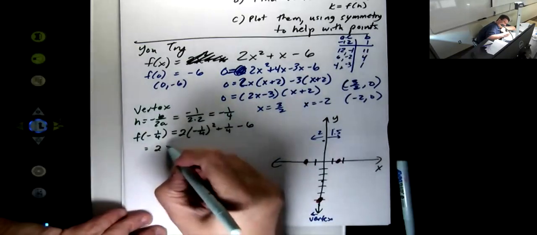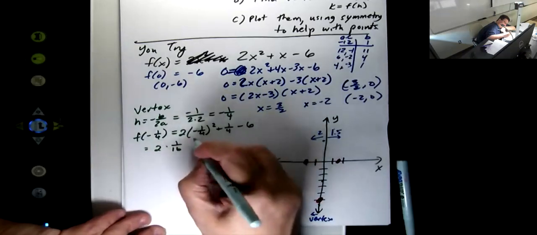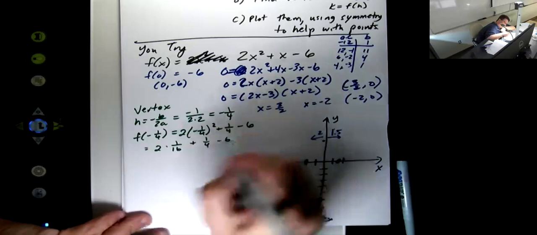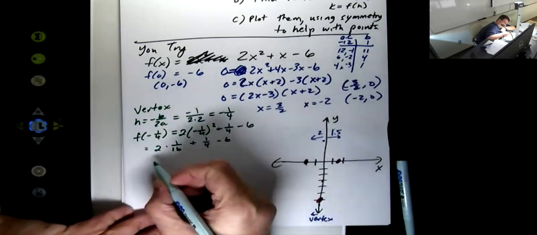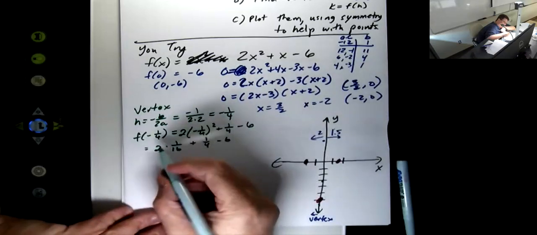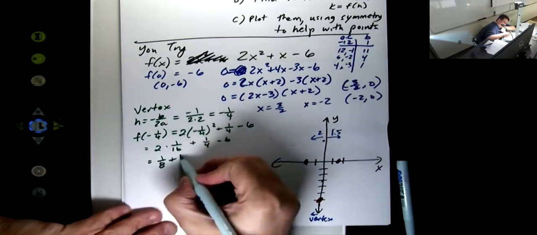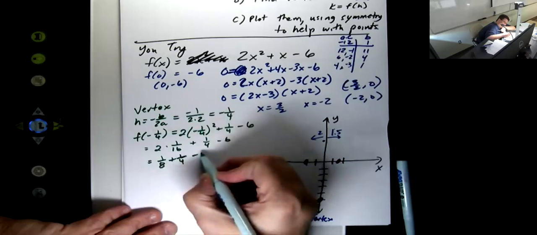This is 2 times 1/16 plus 1/4 minus 6. So this is 1/8 plus 1/4 minus 6.